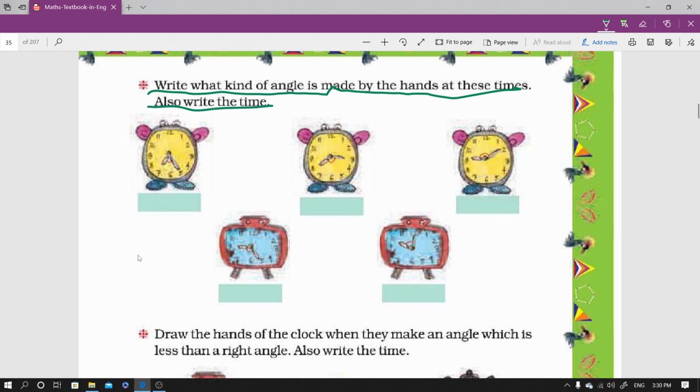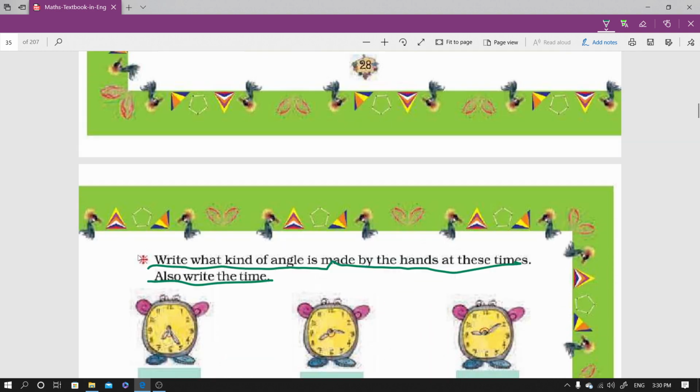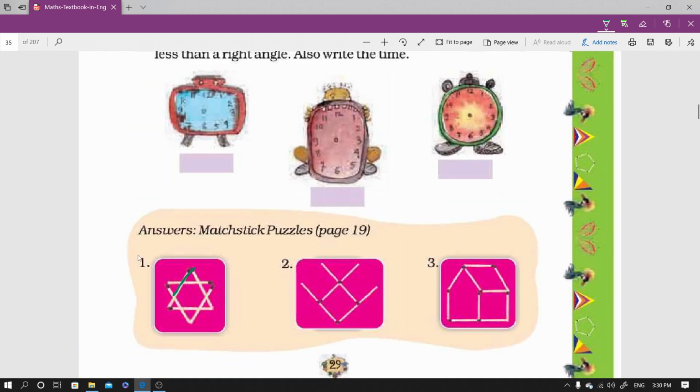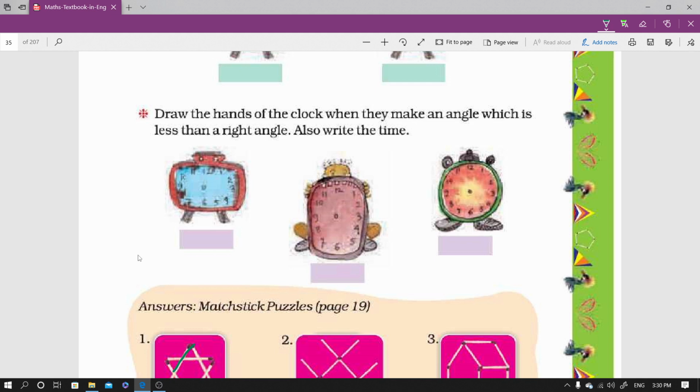Also write the time. Draw the hands of the clock when they make an angle which is less than a right angle. Also write the answer.